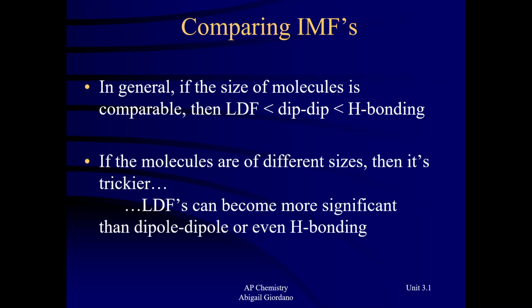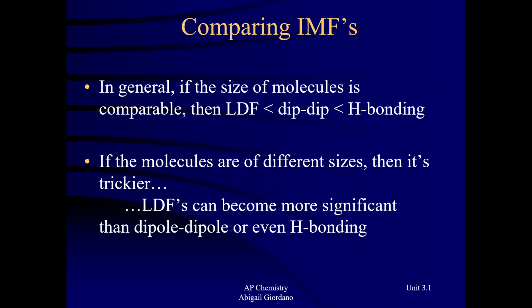If the molecules are different, then it gets a little trickier. And we've seen examples of this. This is where sometimes the larger molecule is so polarizable that its London dispersion forces can be greater than things like dipole-dipole or hydrogen bonding attraction.